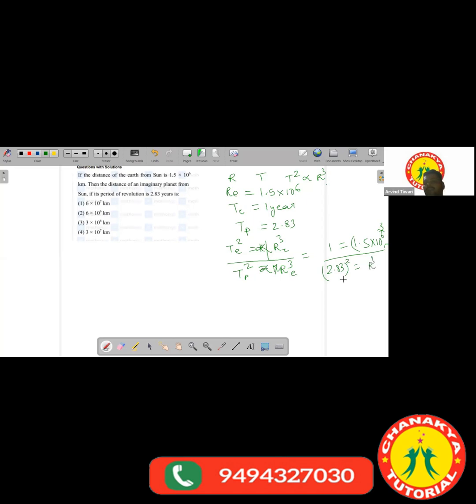So here I want to find out R cube then. So I have R cube equals to 1.5 multiply 10 to the power 6 whole cube multiplied by 2.83 whole squared.